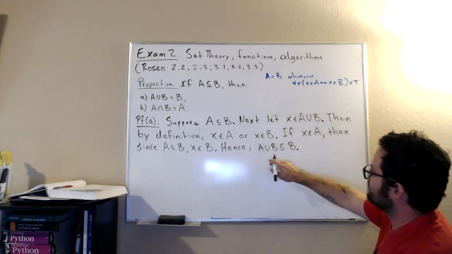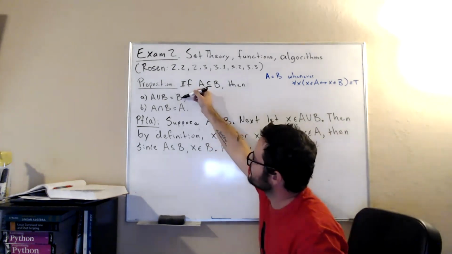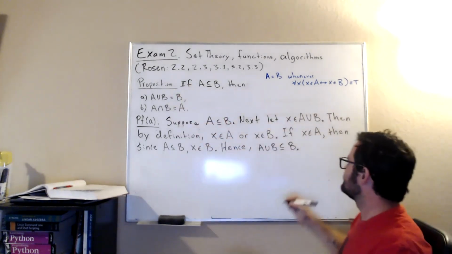And then now we have to show that B is a subset of A union B. So we pick something over here and then show that it must be an element over there.